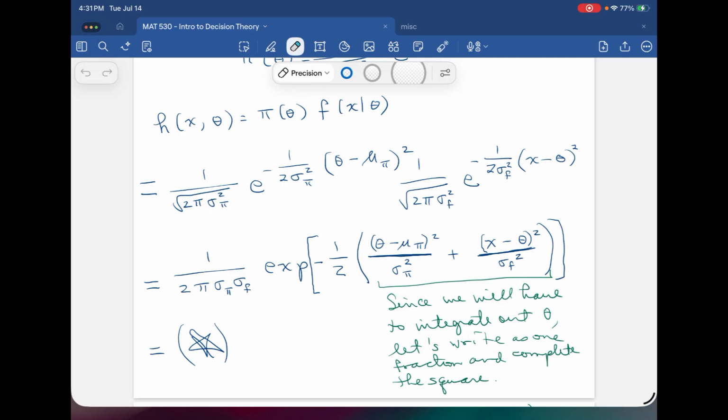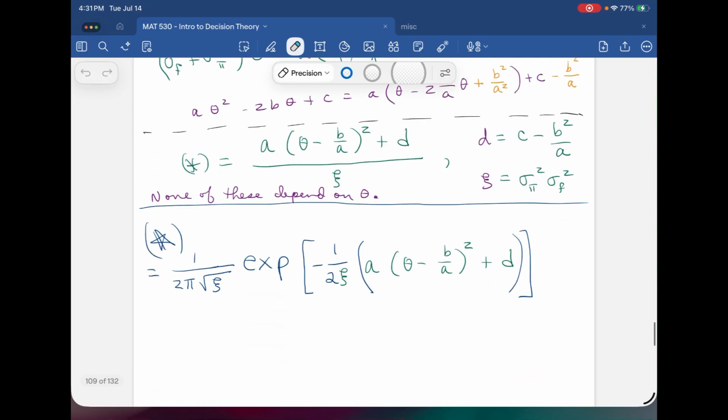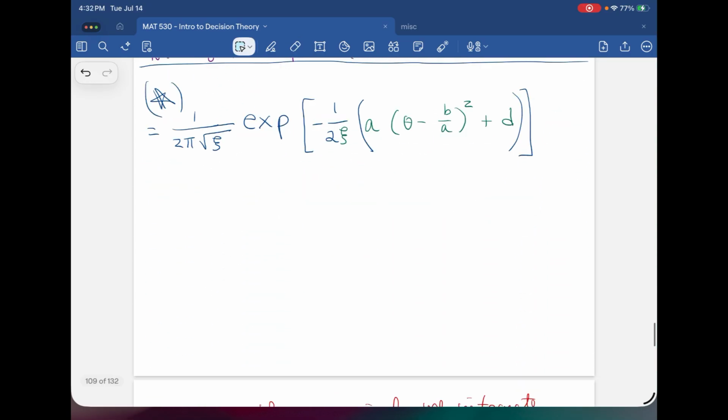Earlier, I tacitly just broke off and looked at this one particular part that's written in green here. But now it's time to put all this back together. So what I referred to as star here, we're going to continue with down here. And so here is our joint density, and this is what we need to integrate in order to get the marginal for x.